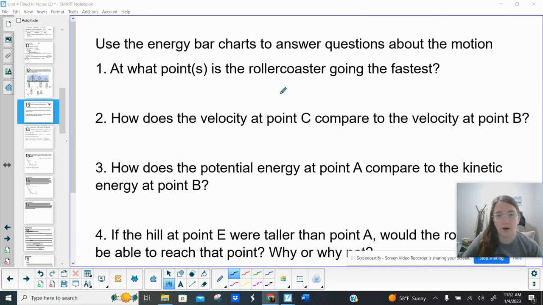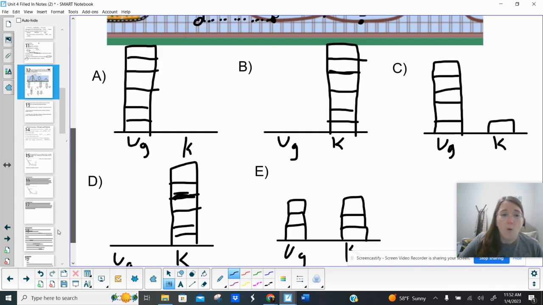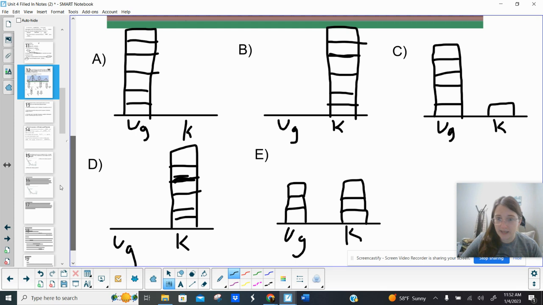So using these energy bar charts, we're going to answer these last questions. At what point is the roller coaster going the fastest? So let's look at our bar charts. Well, something that's going fast is speed, right? And what type of energy is based on speed? Kinetic.